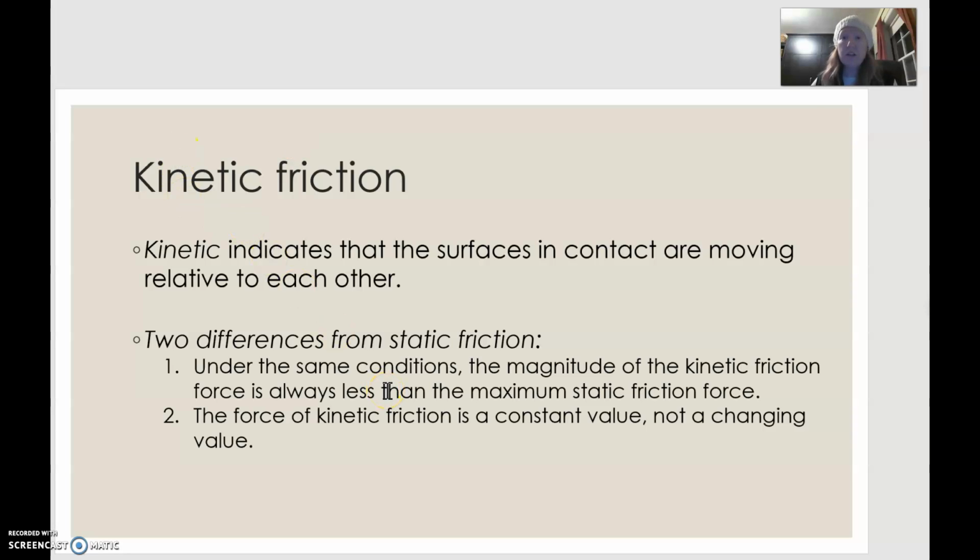And the difference here is that this force of friction, if you compare it to the force of static friction between those same two surfaces, will always be less than the magnitude of the maximum static frictional force. And it's not going to change. It's just going to be a constant value for any two surfaces and an object on a surface.